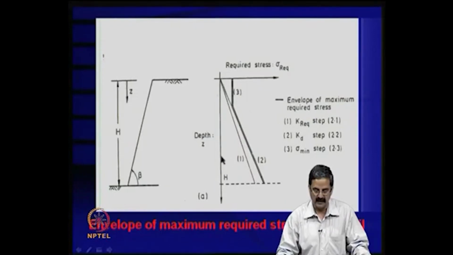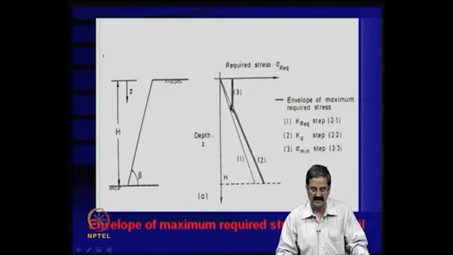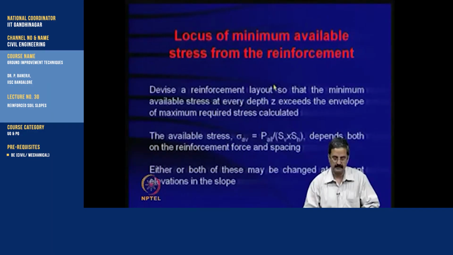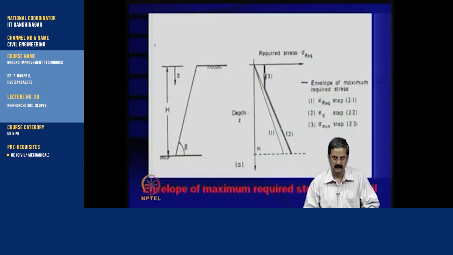So, up to this point it is Ka into gamma h into SV into SH that will be the force, and as you come up, as the depth is less here, it should not go here, because you will have some stress because of the compaction, that you should take here and design for. This is what is called the required stress in the reinforcement. This is the minimum value, because of compaction and other things that we have, and after that it is like this.